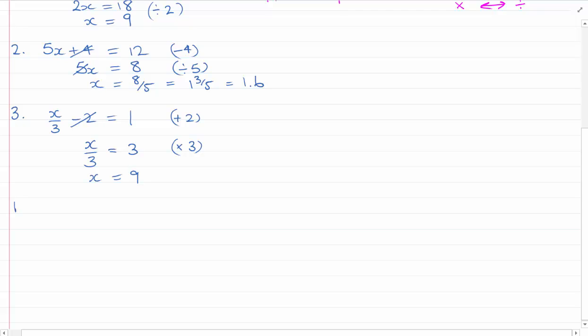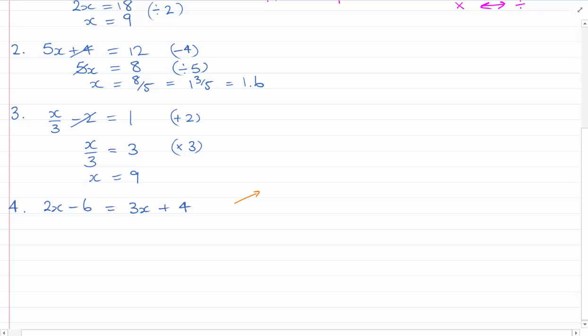Example number 4. 2x minus 6 is equal to 3x plus 4. In this case I have two x terms, two terms that have the pronumeral x. And I want to simplify this by making them into one term. Now, there are two ways we can do this, and I'm going to write this down over on the side with orange.